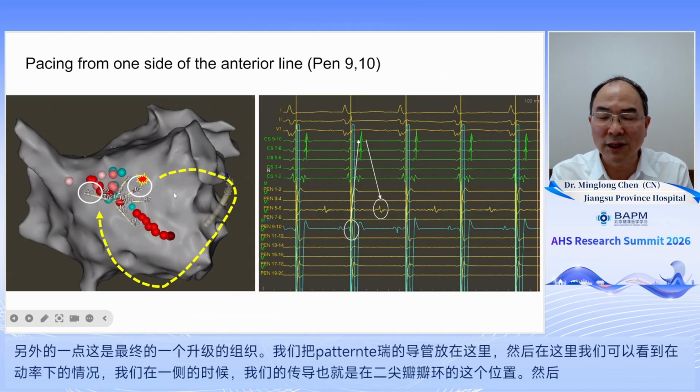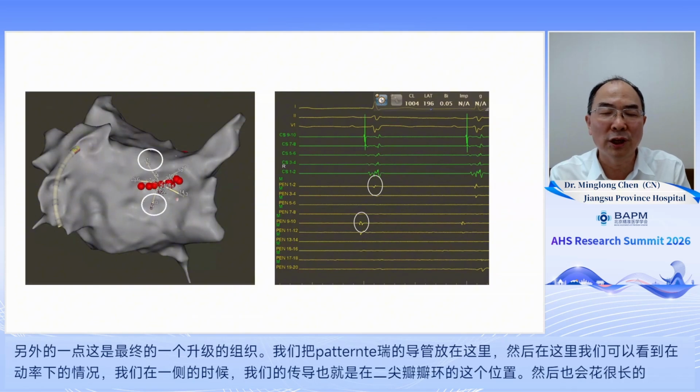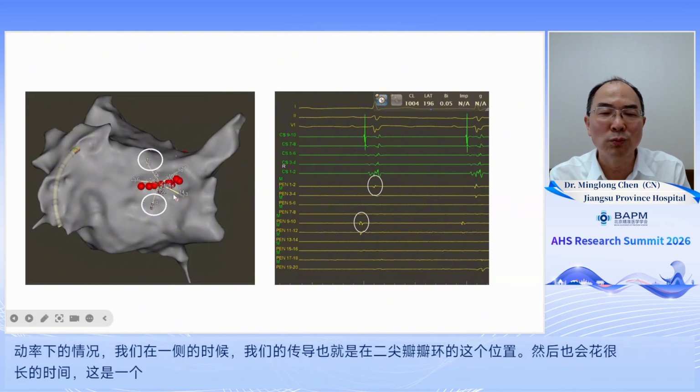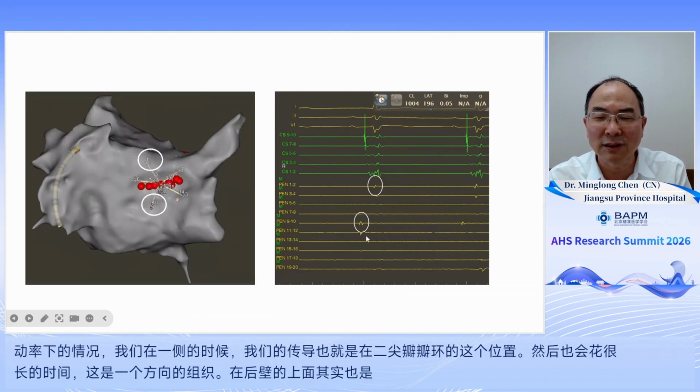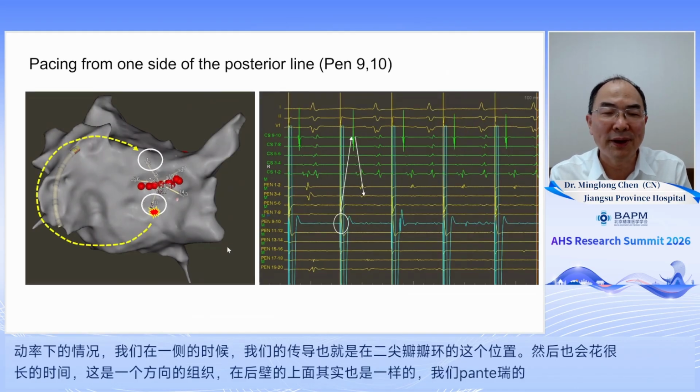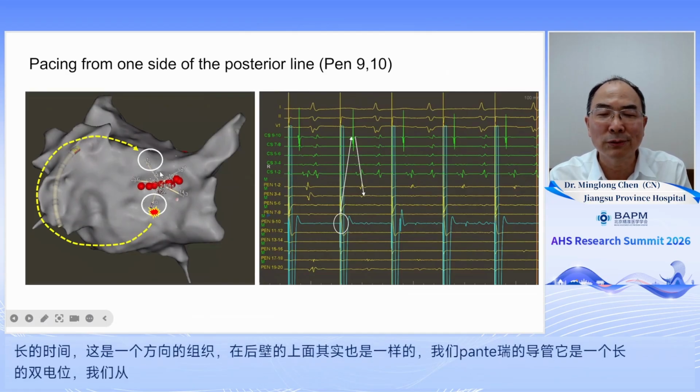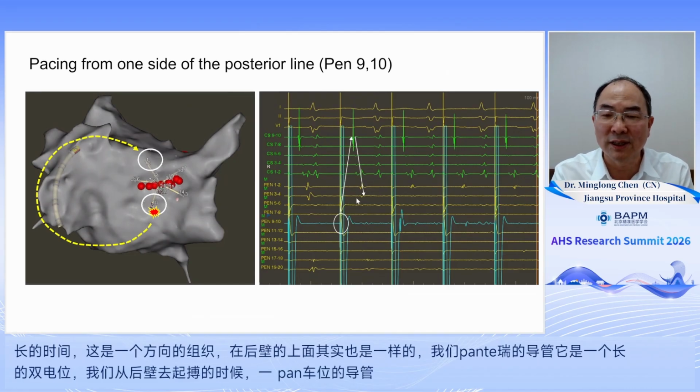So this is one directional block. And for the posterior wall line, the Pentaray is also astride the line. You can see the long double potentials, and when you are pacing from the posterior wall, at Pentaray 1, 2 here at the anterior roof, the activation is very much delayed.